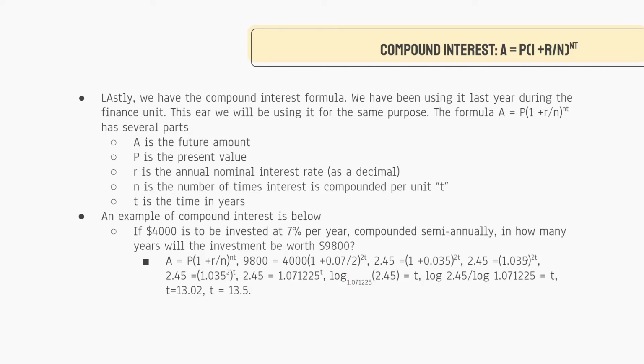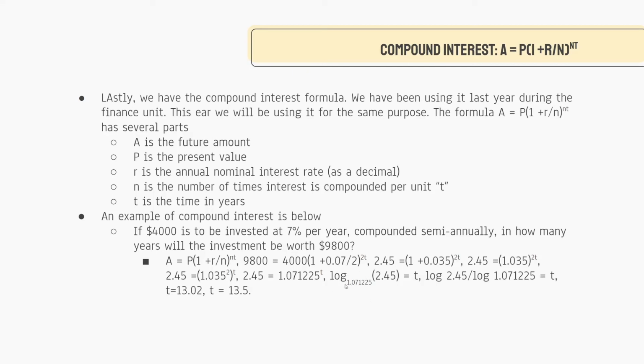So there is not really any problem with us doing that. So again, when we take the square of 1.035, we get this long number here. This form you should be familiar with. This is our exponential form, which we know we can solve for using logarithms.